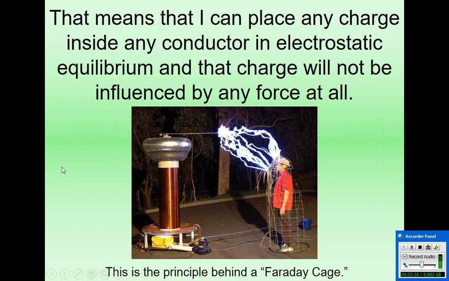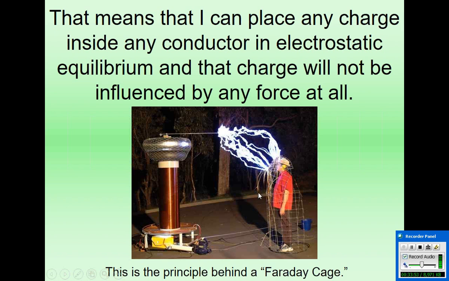If you've ever seen or heard about something called a Faraday cage, that's basically the operating principle. The picture here is actually a time-lapse photo, and we didn't see all of these sparks, these bolts of lightning, simultaneously. The individual inside the sphere, inside the cage, this cage is made of conducting material.